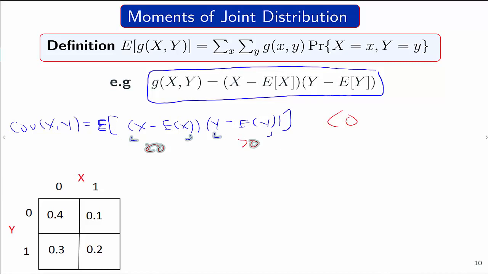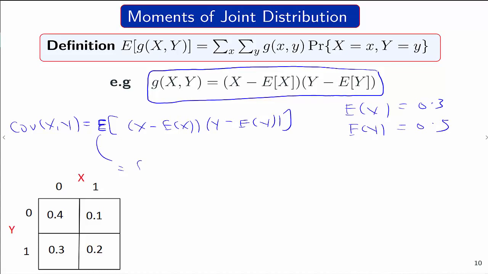So this is just a bit of intuition of what the covariance does, but we can work this out just applying this definition. We worked out E of X and E of Y from before: E of X was equal to 0.3, if you remember, and E of Y was equal to 0.5. So we can just use all this together then.